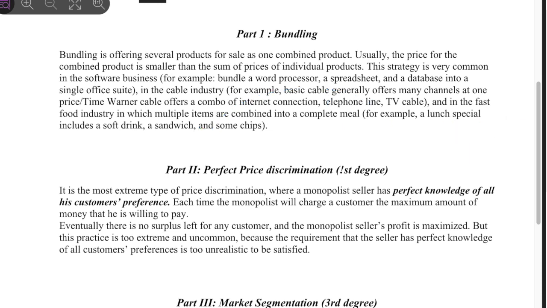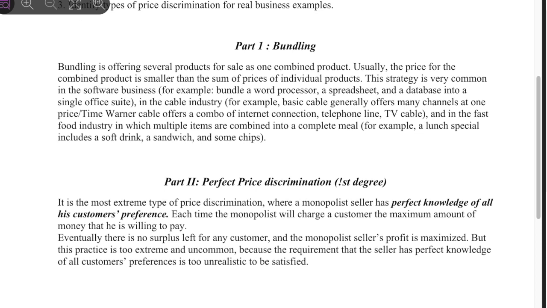So now let's see what the disadvantages are. What are the disadvantages for the consumer side? Actually, he had planned to not get a bundle. So he goes to McDonald's.